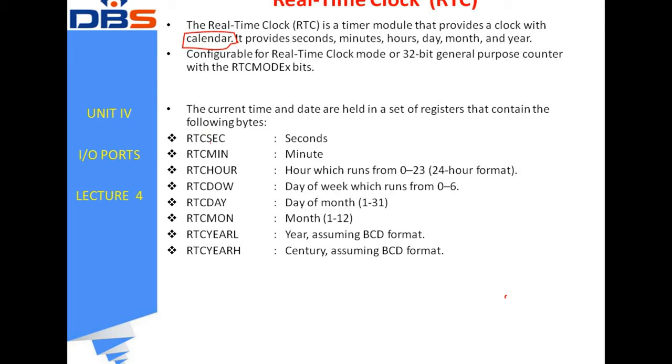See here, RTC SEC, this is real time clock seconds. What they have told us is that the current time and date are held in a set of registers. So they are giving a set of registers to each and every operation here. See here, RTC seconds.